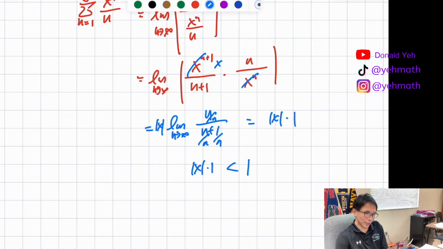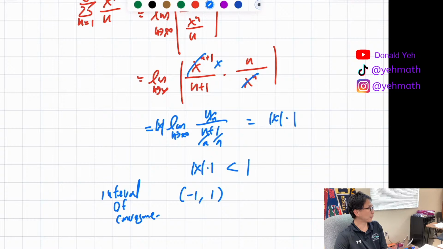So my interval is between -1 and 1, because absolute value of x is less than 1. If it is less than 1, the ratio test says converge. Is that okay? Now your radius is going to be from -1 to 1.